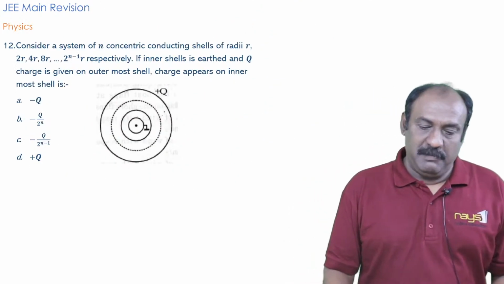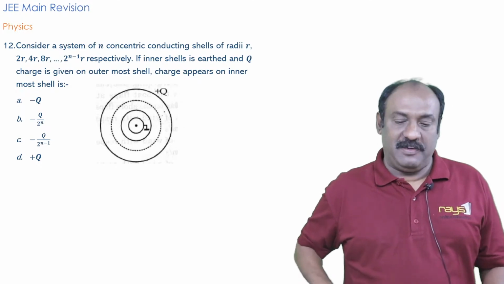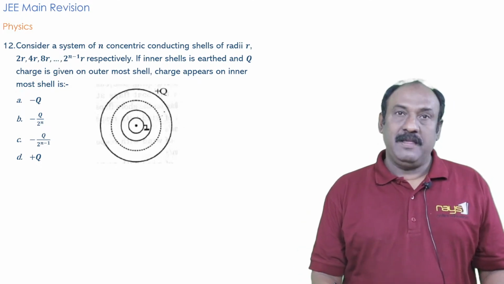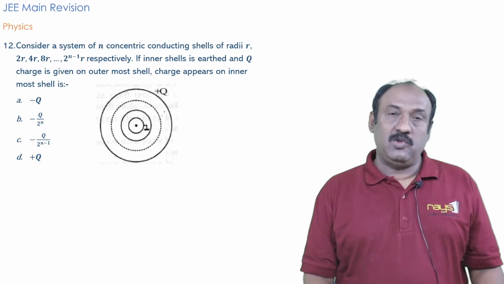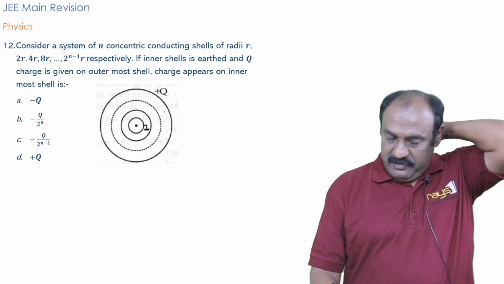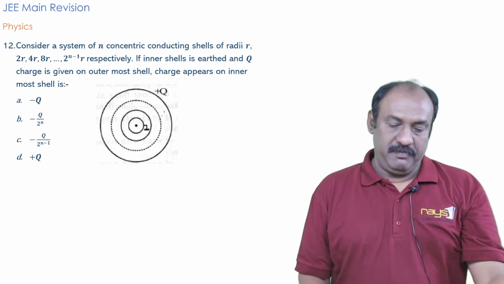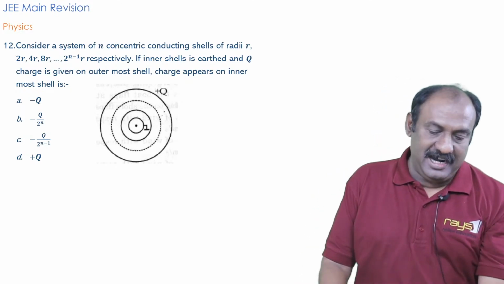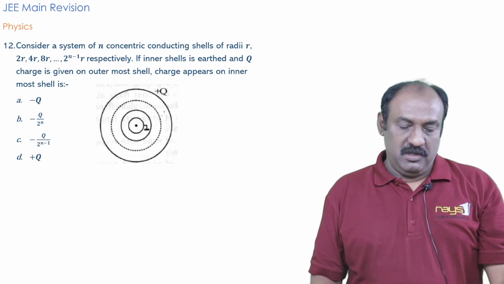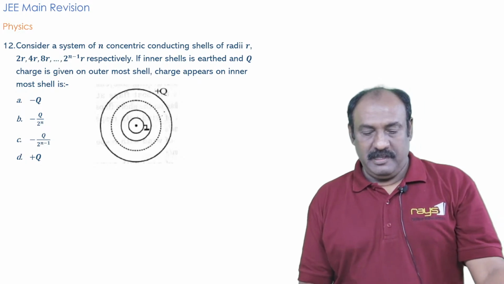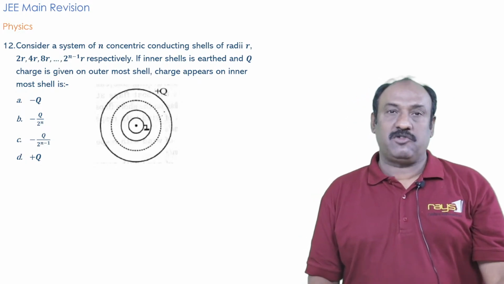Consider a system of n concentric conducting shells of radii R, 2R, 4R, 8R and 2 to the power n minus 1 into R respectively. If the inner shell is earthed and Q charge is given to the outermost shell, find the charge that appears on the innermost shell.